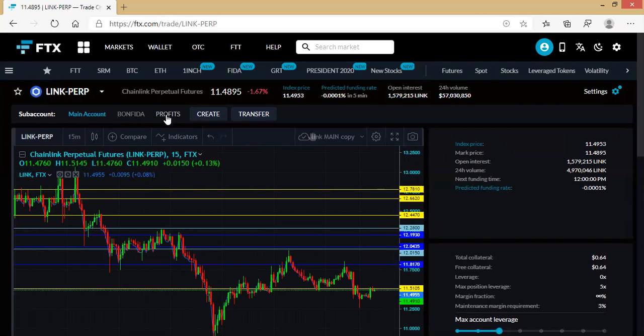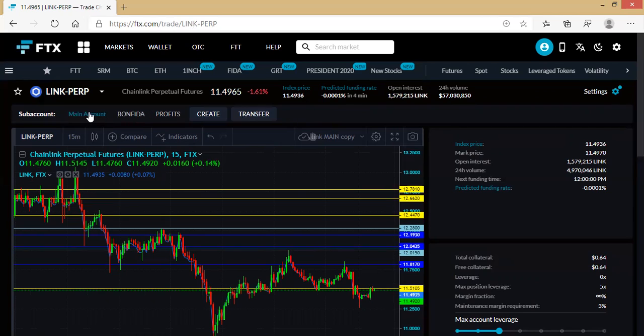Maybe you want to use one for stocks, one for futures, one for sports trading. However you want, FTX gives you that opportunity of splitting your funds across your various sub accounts. It means you have another account inside your main account, so what happens to one account does not affect the other. These are the benefits of using sub accounts.